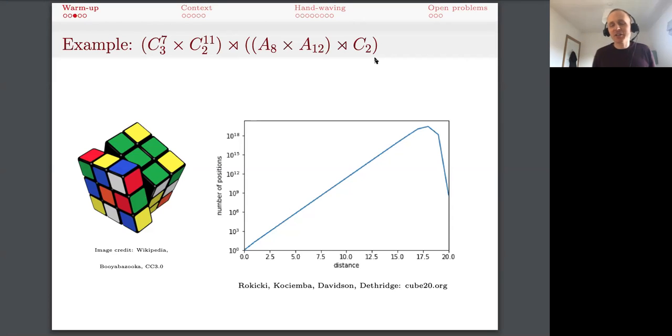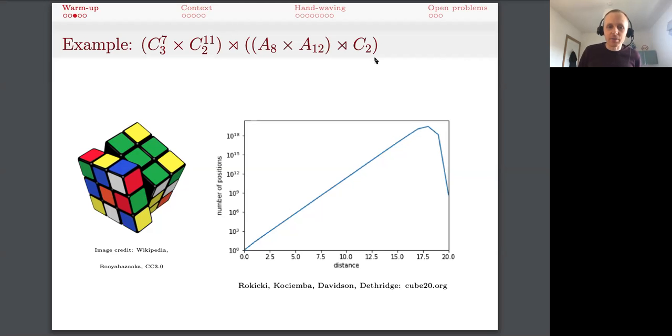In particular, they did a bit more than establishing that the diameter is 20. They also tabulated the number of different positions you can obtain in so many steps from the identity. And I've plotted them here. The x-axis is the number of steps, and the y-axis is the number of different positions. So it's how quickly the generators are growing.